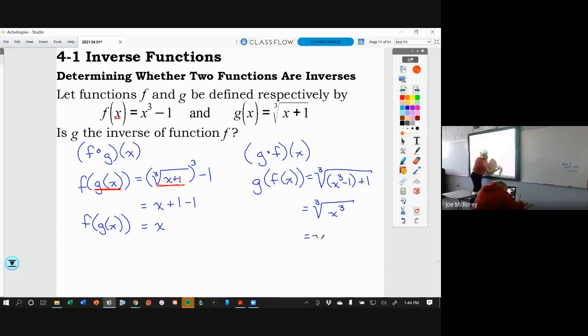X. So we found that f of g of x was x. We also found that g of f of x is x. Therefore, by definition, are functions f and g inverses of one another? Yes. They are inverses.